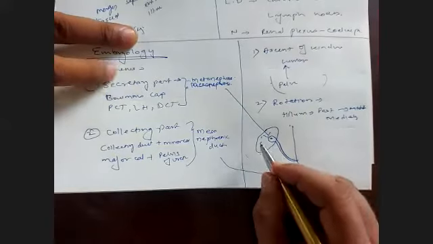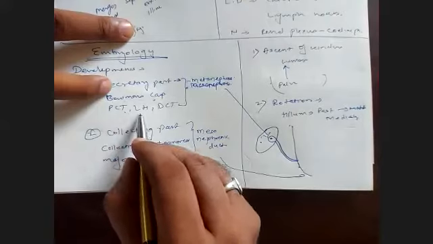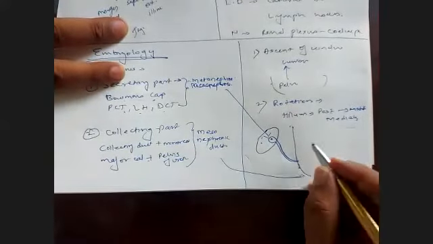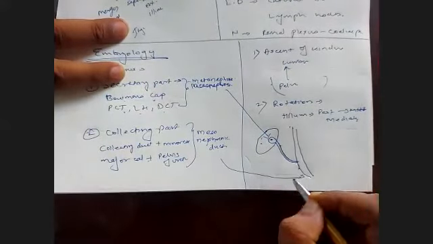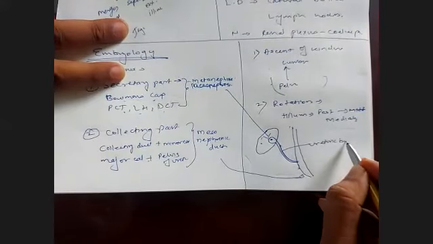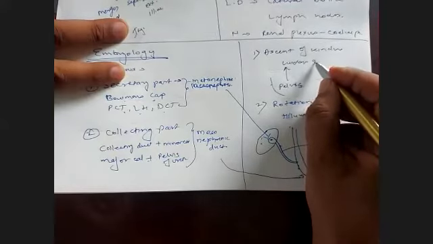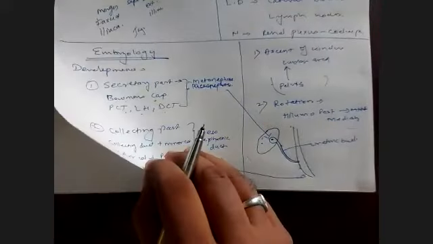And this metanephros forms Bowman's capsule, PCT, loop of Henle, and DCT. So this acts as an inducting factor. What is this? Mesonephric duct. What is this? Ureteric bud. Apart from that, the kidney which develops in the pelvis ascends to the lumbar area, and there is rotation of the kidney.